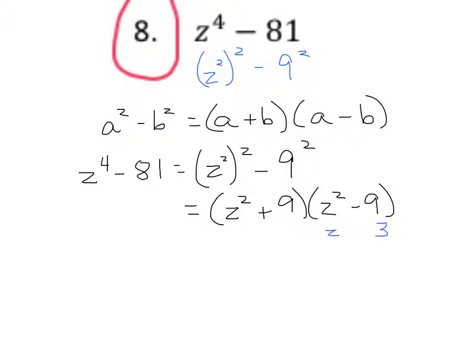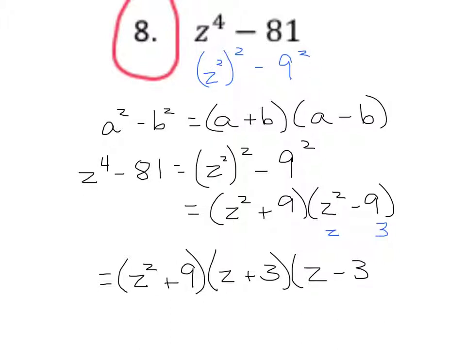So you're going to factor that further by adding those roots and subtracting the roots. So we go ahead and come down over here and write the first term that we're not going to do anything with, and then add the roots and subtract the roots. And that's the end of that problem.